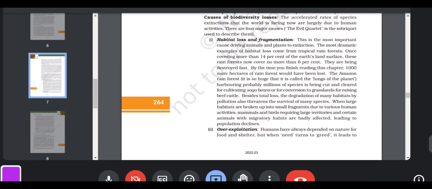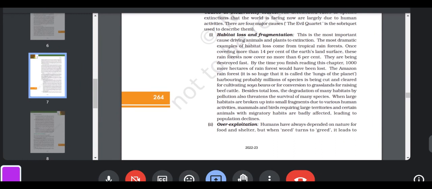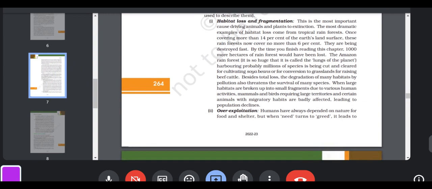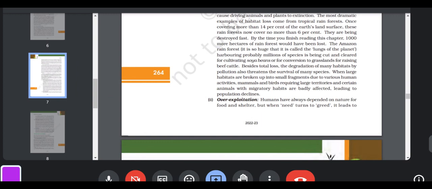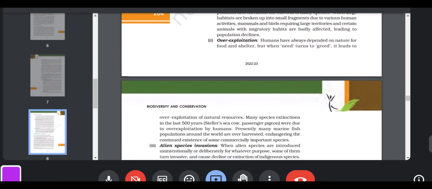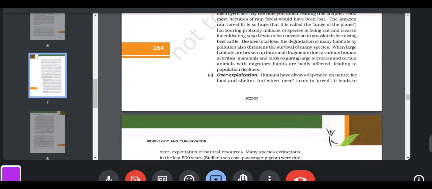We have been reading this chapter for more than 15 years, so if you multiply by 15, thousands more hectares are already lost. Okay, so this is about habitat loss and fragmentation.